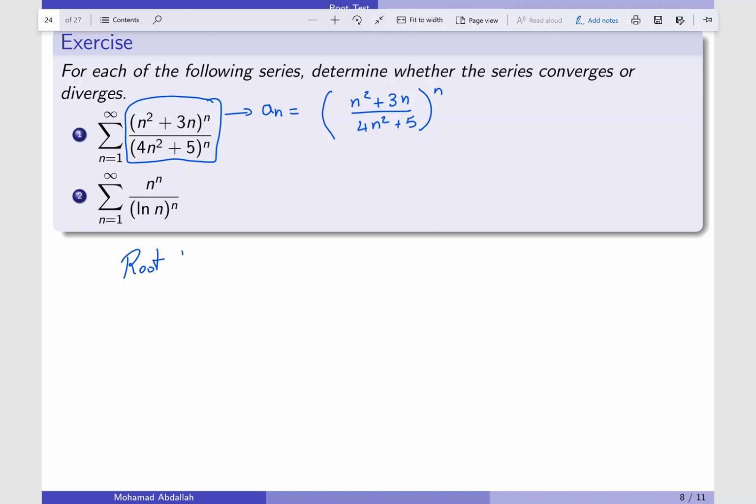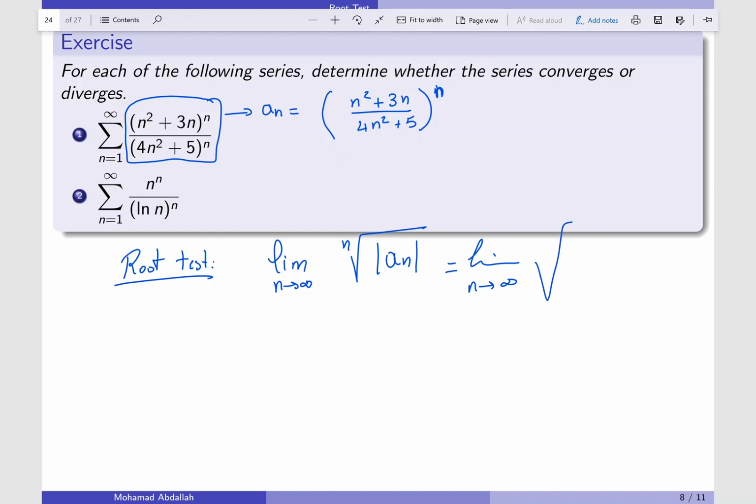So I will apply the root test. What I need to do is find the limit when n approaches infinity of the nth root of the absolute value of a(n). Why am I thinking of using this? Because this takes the nth root, and since in the formula of a(n) I have the power n, the nth root will cancel this, and I'm going to get a simpler form.